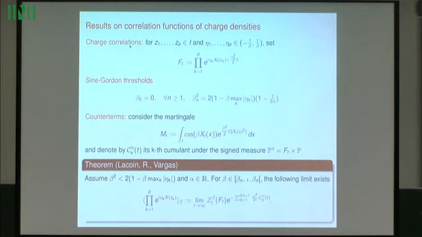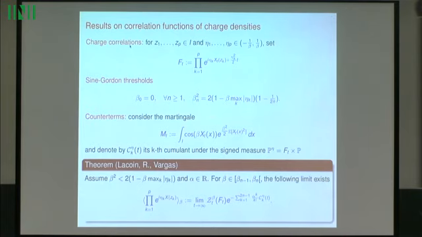So the statement is that first, you can consider an arbitrary number of charge correlations. Each charge correlation depends on a parameter, let's call it eta_k, and it modifies the Sine-Gordon threshold. So here you take the maximum of the eta_k, and the 2 here comes from the convergence of the partition function, but you have to tame it by 1 minus the maximum of these charges.